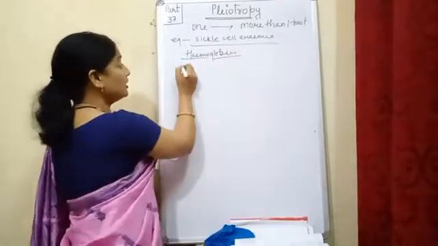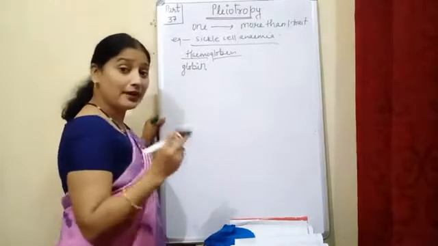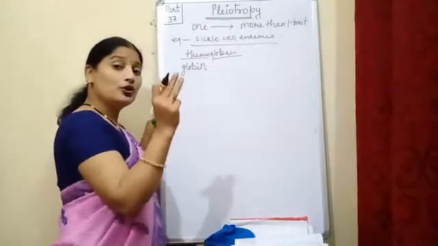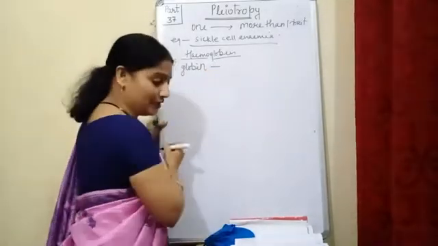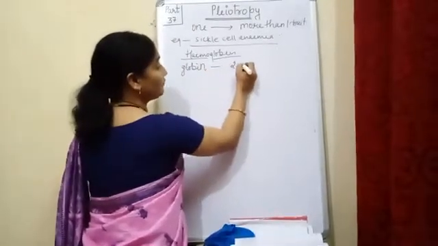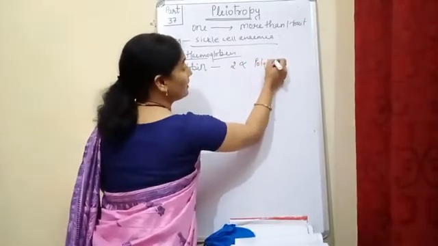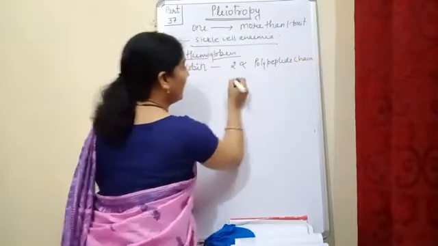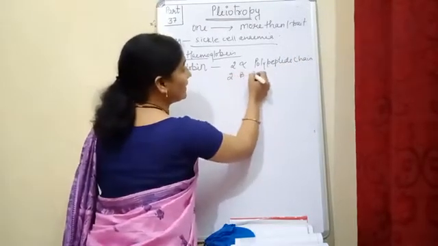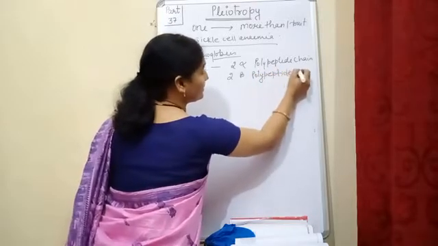Now this globin, which is the protein part, is made from two polypeptide chains. What are these two polypeptide chains? It is made from 2 alpha polypeptide chains and 2 beta polypeptide chains.